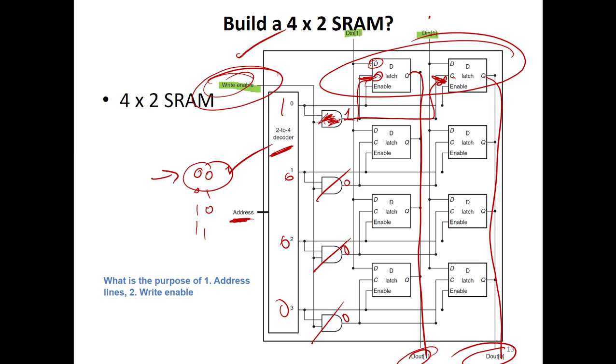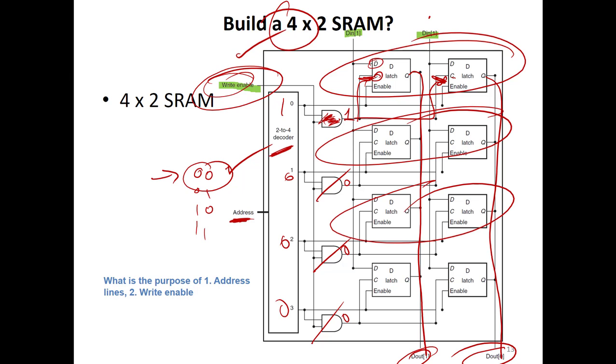So that will allow us to implement a memory element. So the 4 indicates we have 4 addressable cells, and then with this x4, x2, the 2 indicates that the size of the word is 2 bits.